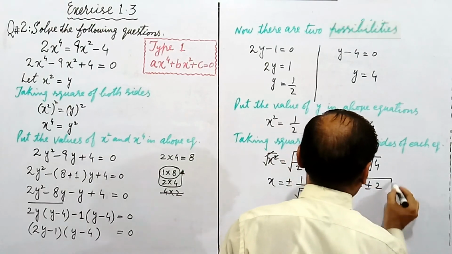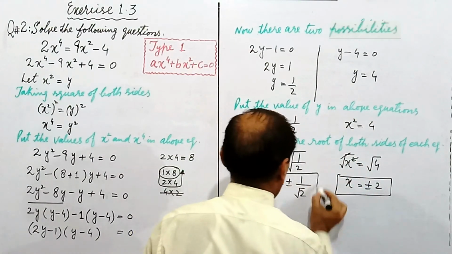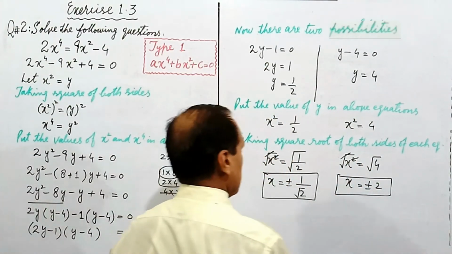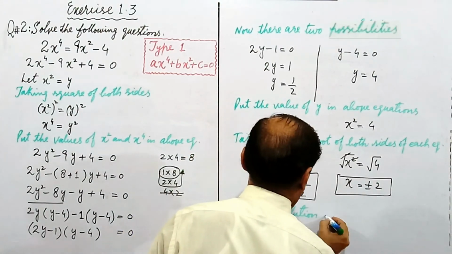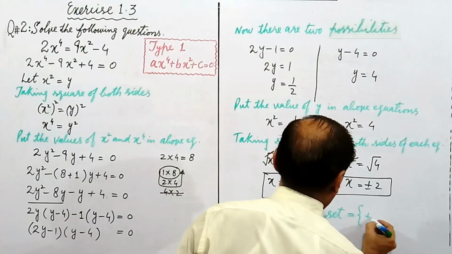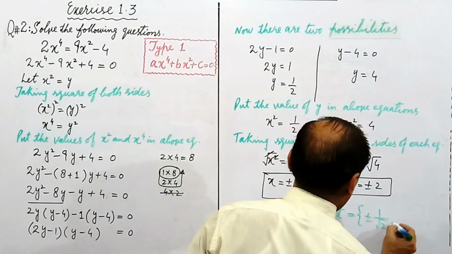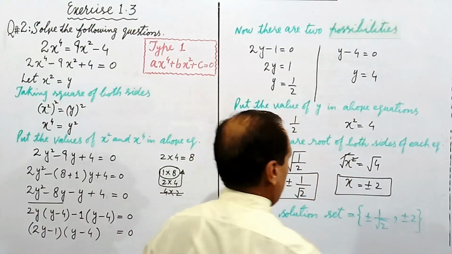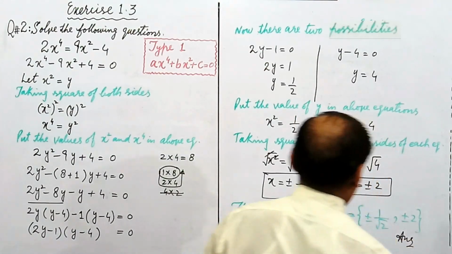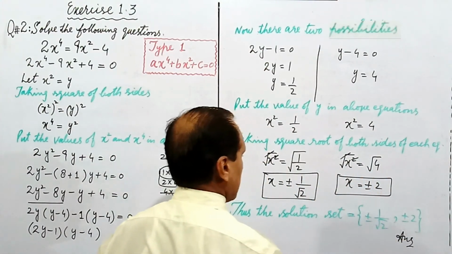We have both the solutions. Thus, the solution set is plus minus 1 over under root 2, plus minus 2. That's it for question number 2.